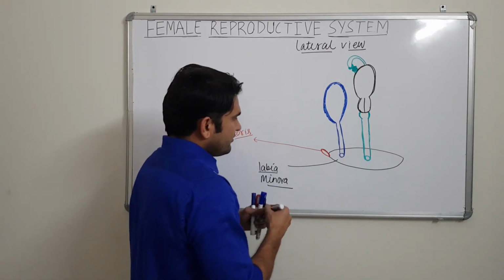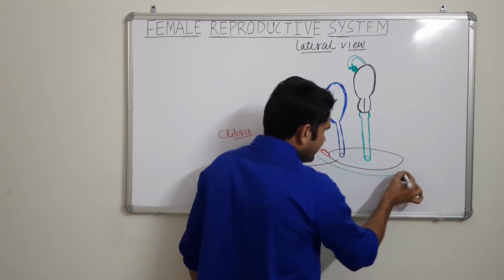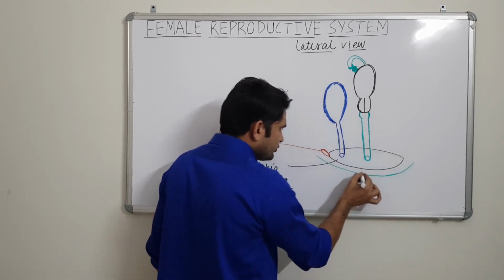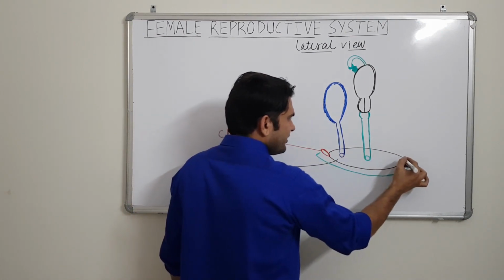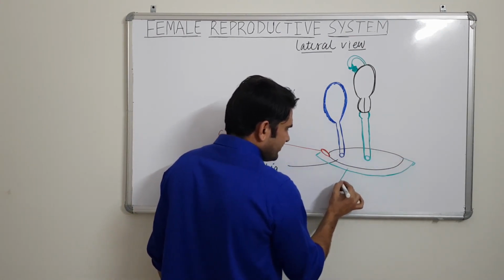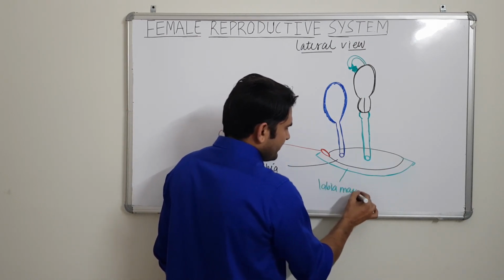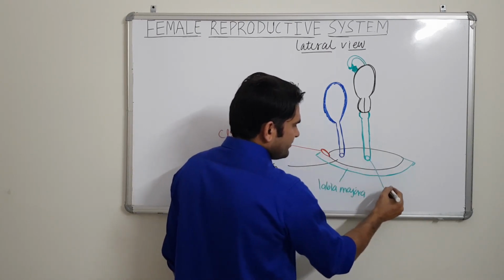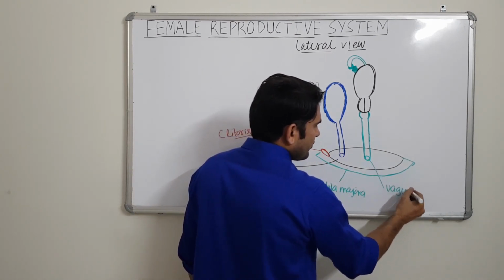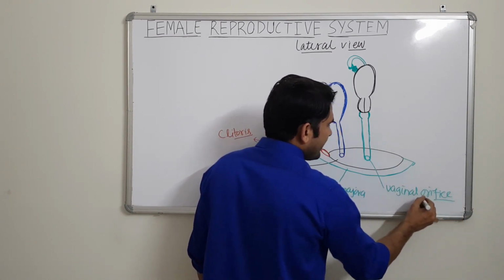Alright, outside the labia minora there are certain more folds. What should be the name of this structure here? This structure should be known as the labia majora. So this is labia majora, and next to it is labia minora. This is the clitoris. This is the vaginal orifice, which is partially covered by a membrane called the hymen.